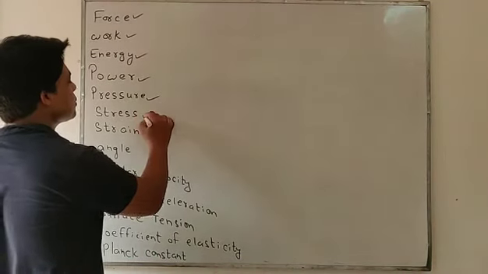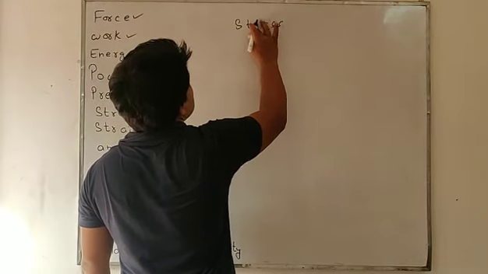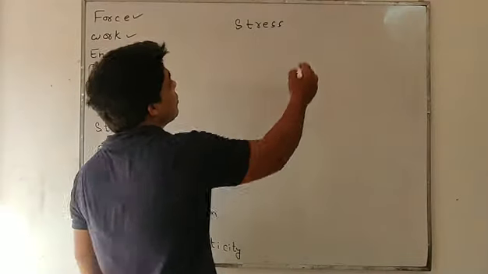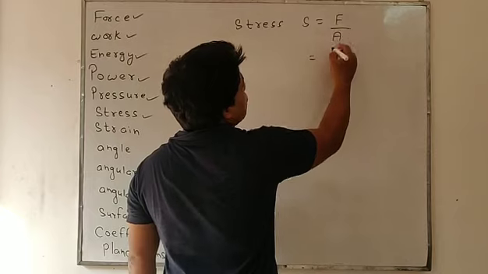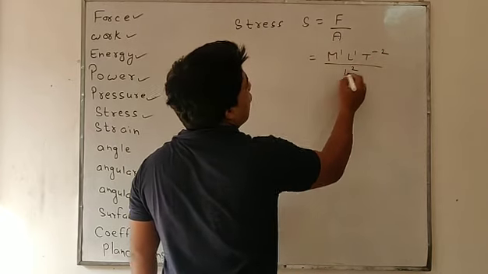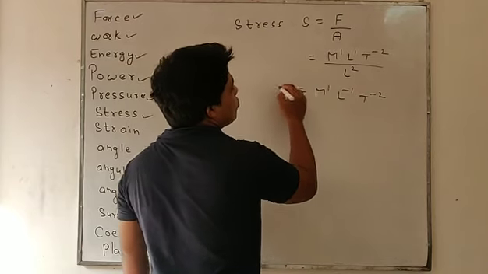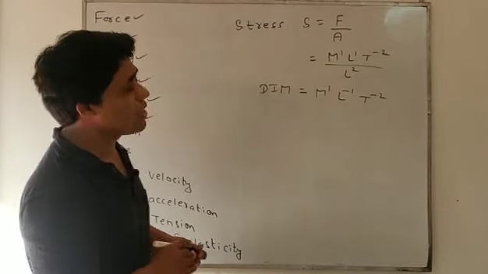Now students, next is stress. Stress is similar to pressure. Same as pressure, stress has the formula force by area. Dimension of force is M1 L1 T minus 2, area is L square. So M1 L minus 1 T minus 2 will be the dimension. Stress, force exerted per unit area, is said to be stress.